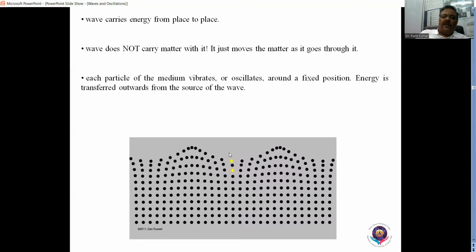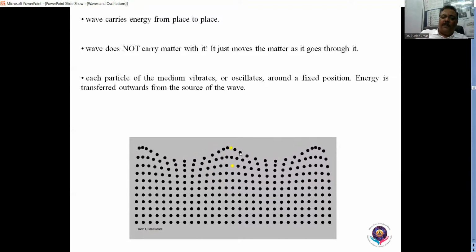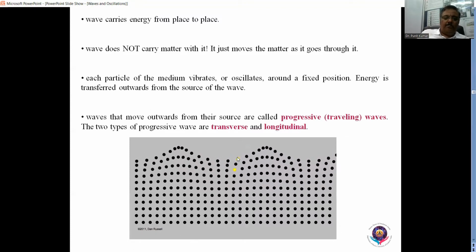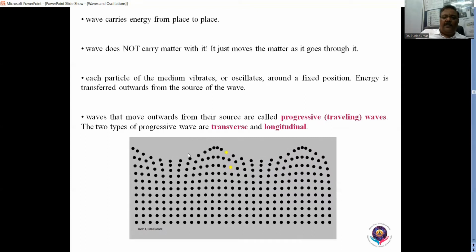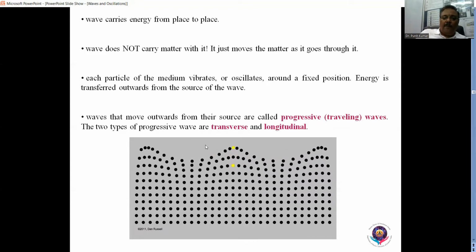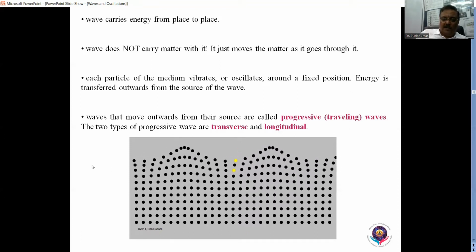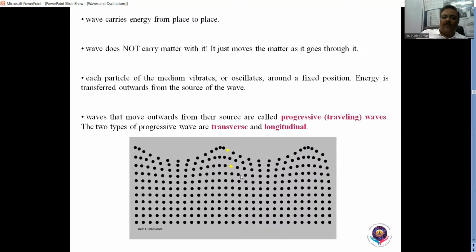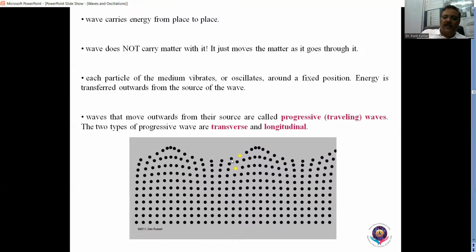Repeatedly, pulses are coming, and it is transferring those pulses, but is not changing its own place. If these disturbances are progressing in the horizontal direction, it is a longitudinal wave. And if it is in the perpendicular direction, it is a transverse wave. We will discuss it later on.